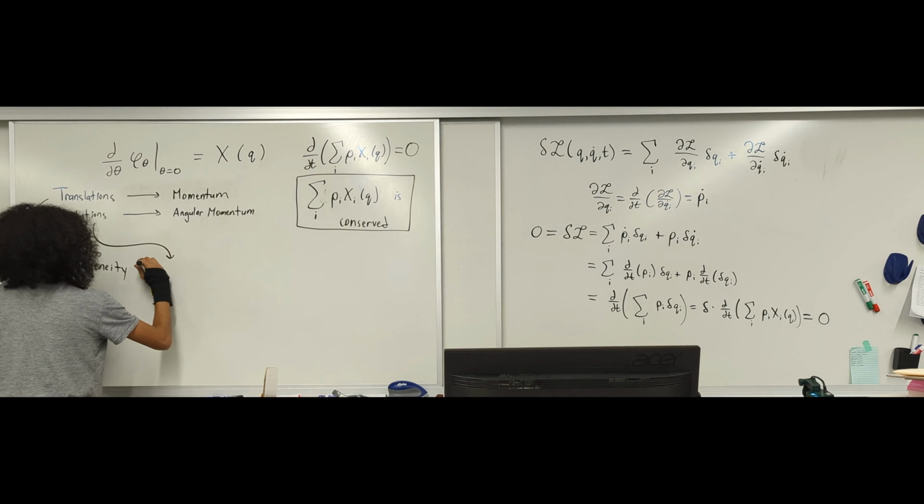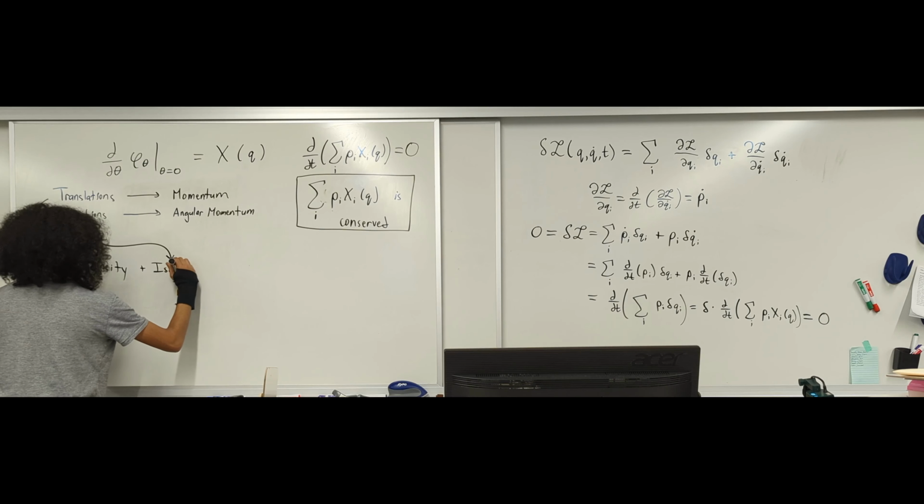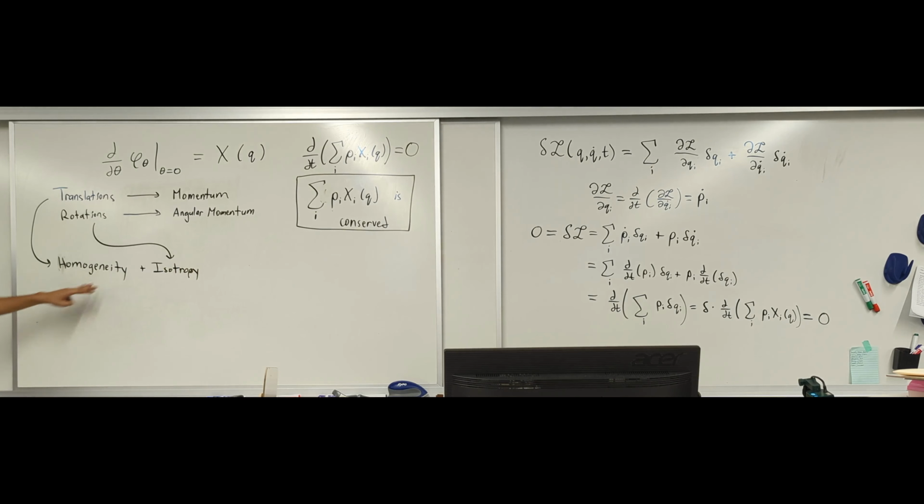And this talks about the isotropy of the universe. And so homogeneity is basically saying that if you go wherever in the universe, the laws of physics should not be different from where you started, right? You can go anywhere, the laws of physics should always be the same. And isotropy is basically saying that there's no preferred direction that the universe has.